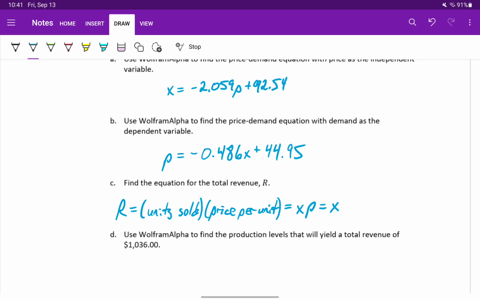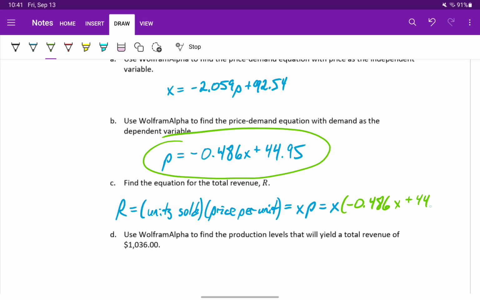What we'll do is take our price demand equation, with demand as the independent variable, and substitute that in for P. Then distributing that value for X through will give us negative 0.486x squared plus 44.95x.